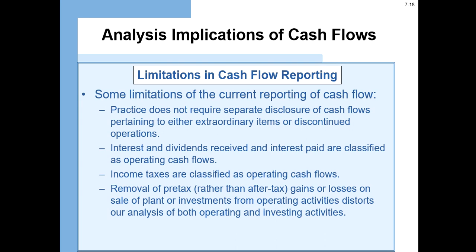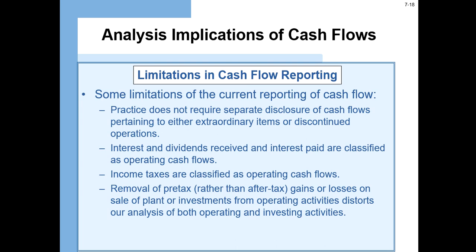As I said, dividends should go for retained earnings, and this should go for liability in the balance sheet. Income taxes are classified as operating cash flows. So income taxes are not operating cash flows.